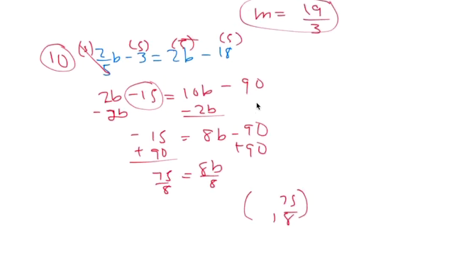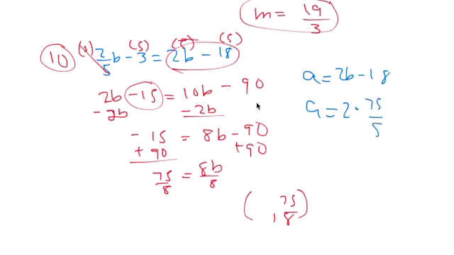And then substitute it in. I would save this one. So I do A equals 2B minus 18. 2 times 75 over 8.